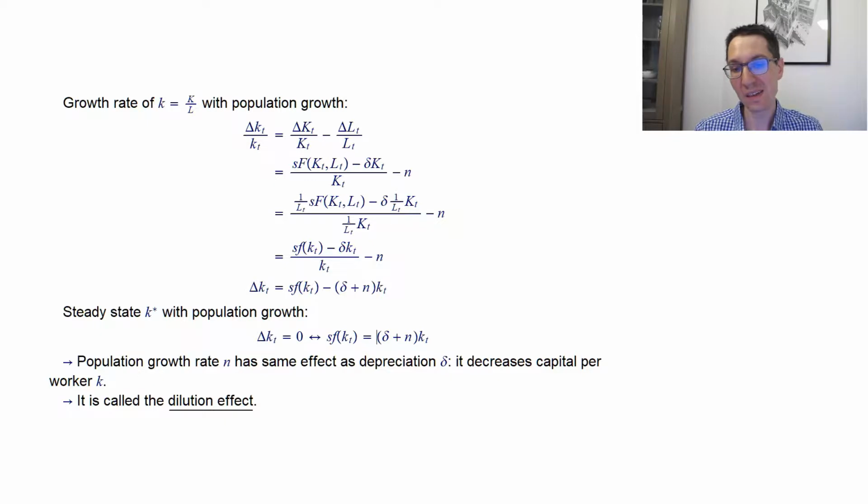Or maybe yesterday I only had 8 workers, and now today I have 2 more workers. Either my machines broke or I just hired 2 new people. It doesn't matter. The effect is always the same: I have fewer units of capital per worker and I need to increase them. So we call this effect the dilution effect.